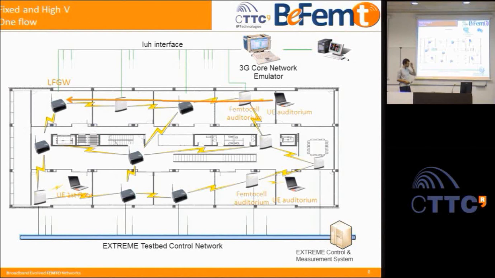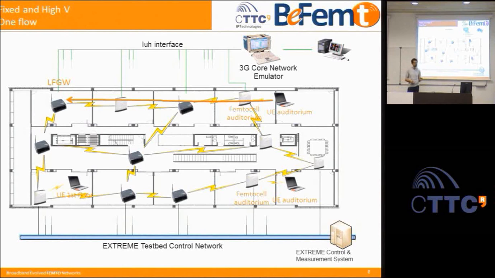But we are focusing here to show you how things evolve in the whole wireless network of femtocells. So this flow will go straight to the local femto gateway, because in this specific experiment we have a fixed value of V. So we are not modifying it depending on the conditions of the network.